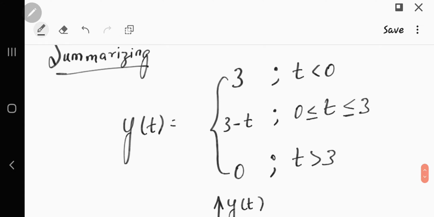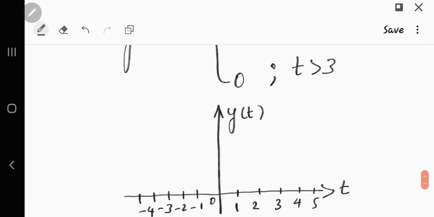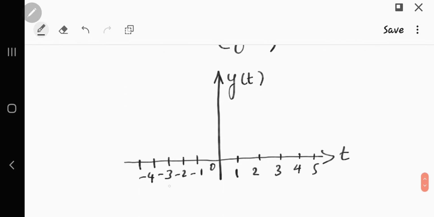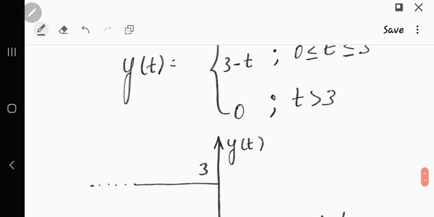Now it says for t less than 0, y of t will be 3. So for values of t less than 0, that is this particular region, y of t will be 3 only. So let's plot that. So this is amplitude 3 for values of t less than 0. Now I have come to the origin itself. Why, I will tell you later.